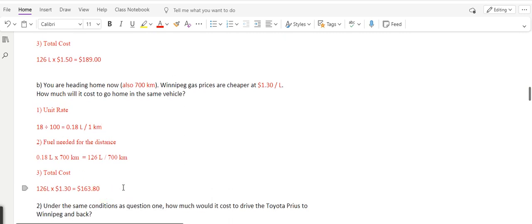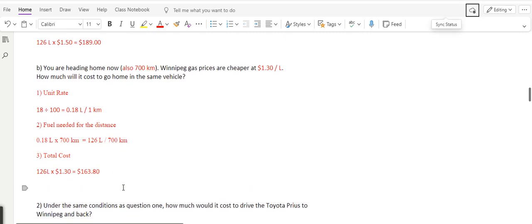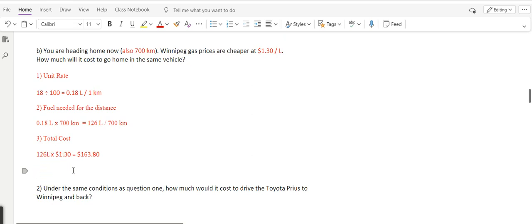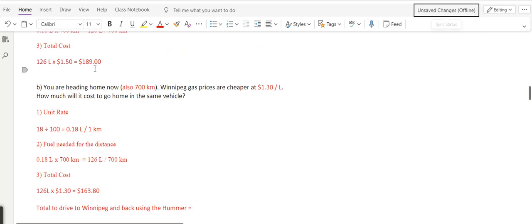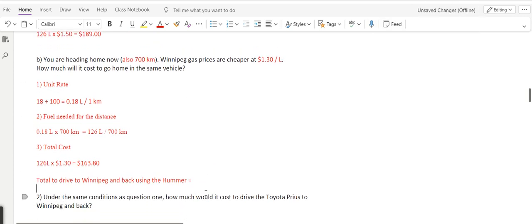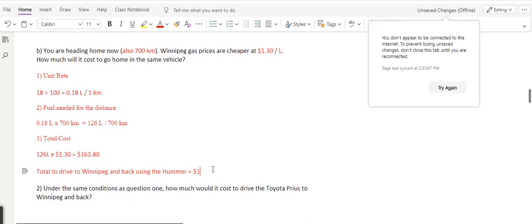And if you were interested, the total to drive to Winnipeg and back using the Hummer will be this $189 plus this $163.80.